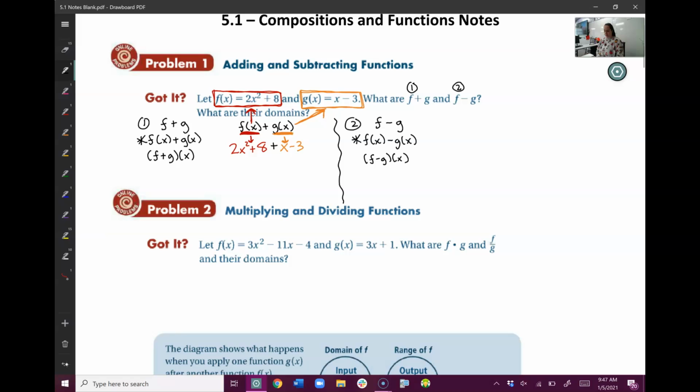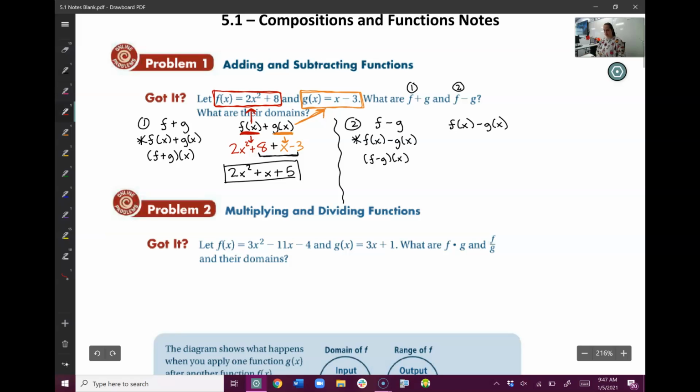So 2x squared plus 8 plus x minus 3. So those are my only like terms. And I'm going to write it in descending order. Should get that. Ta-da!